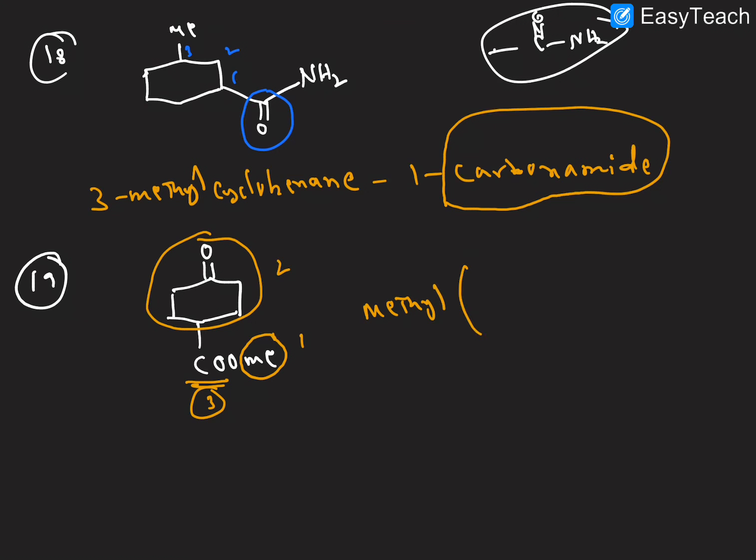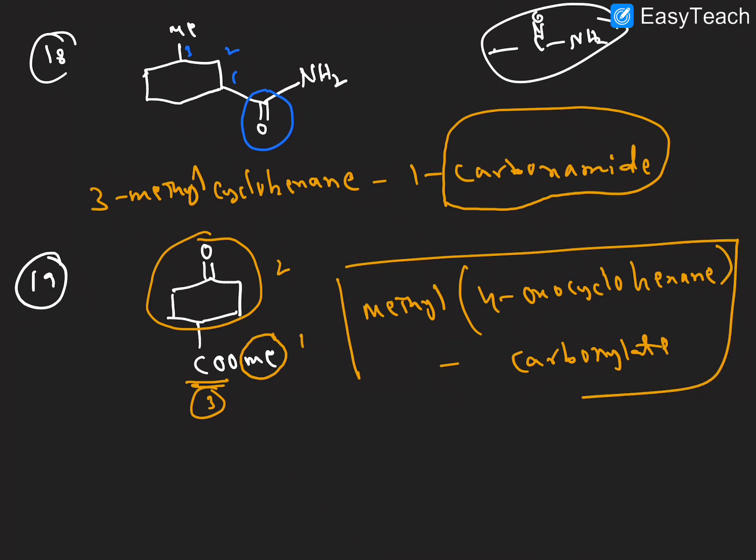Methyl is there, methyl, and bracket close, and in the fourth position what is there? Oxo group, that is a ketone group. Next what is the cyclic compound here? Cyclohexane, and close, and what is that here? Carboxylate, COO minus we call carboxylate functional group.